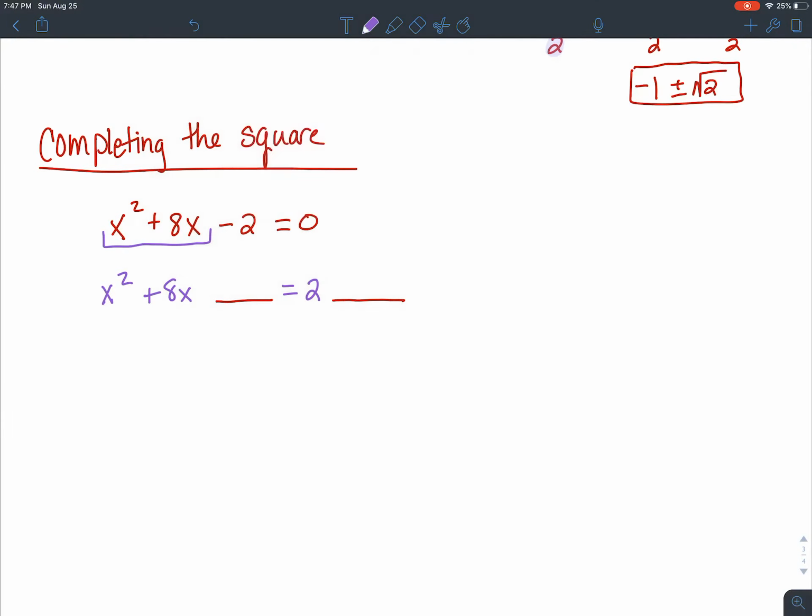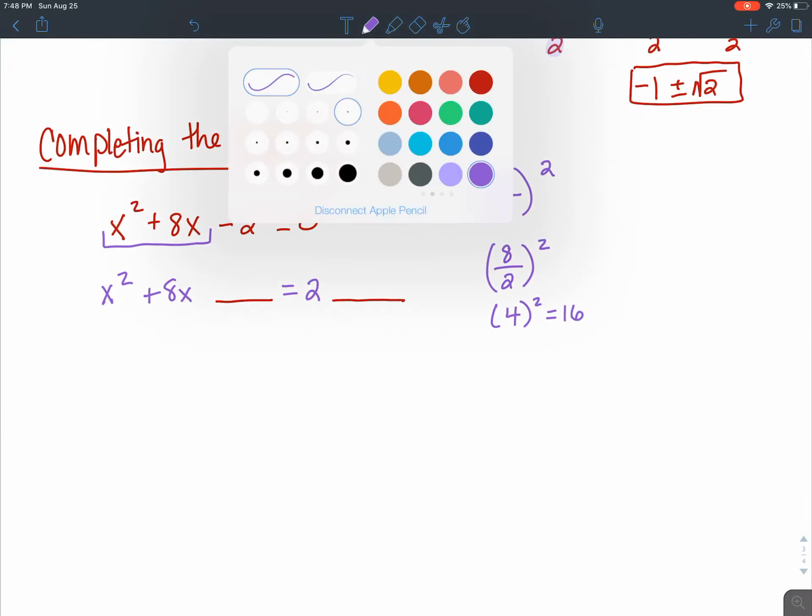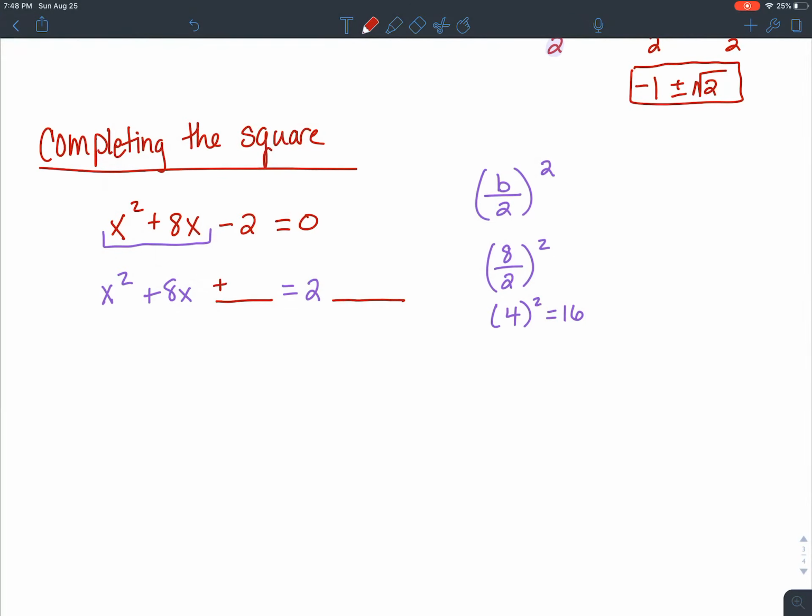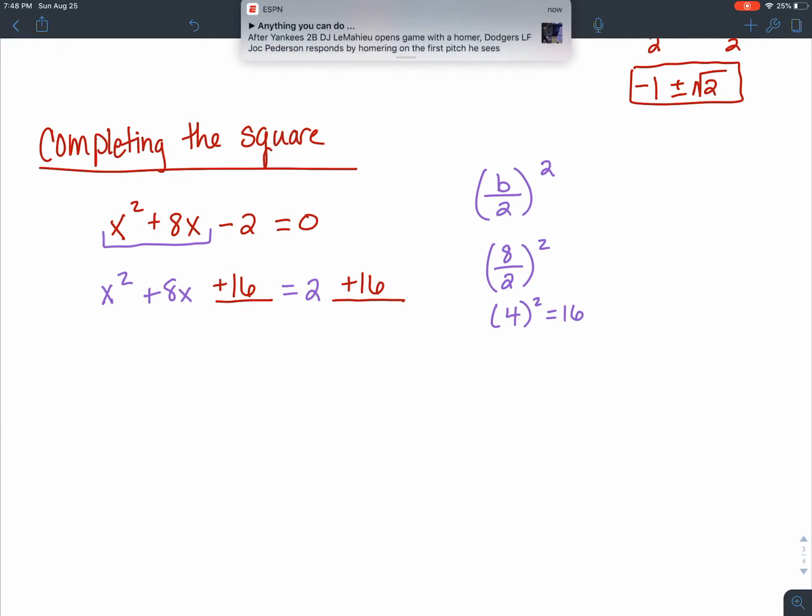So you take whatever b is, you take half of it, and then you square it. So half of b, 8 divided by 2 is 4. 4 squared equals 16. That is what goes in your blank. Plus 16, plus 16. It's always going to be positive because you're squaring it.